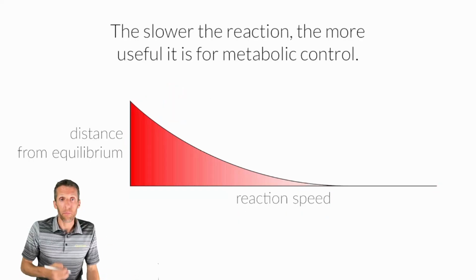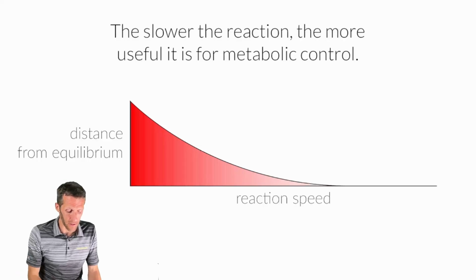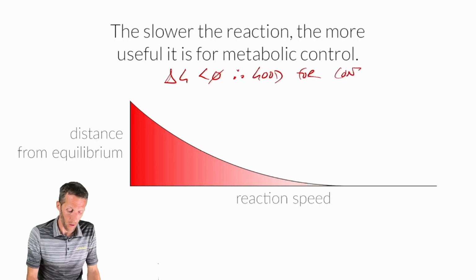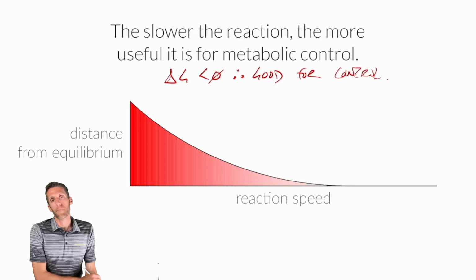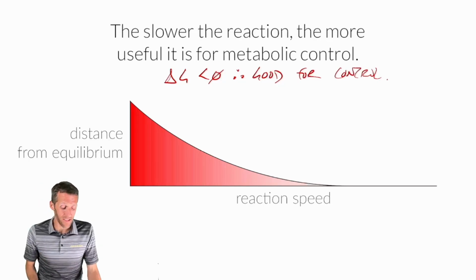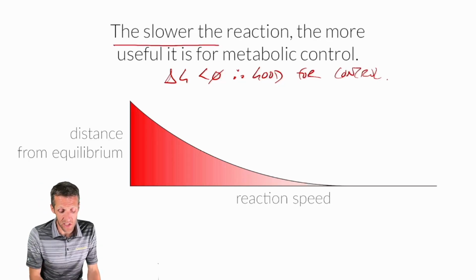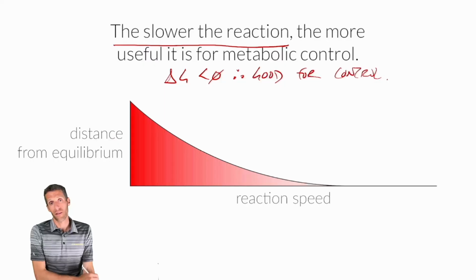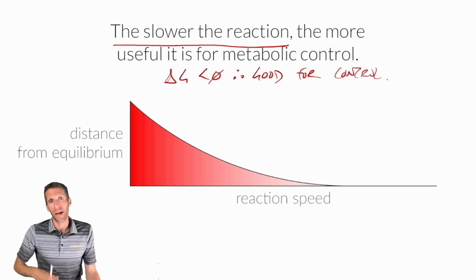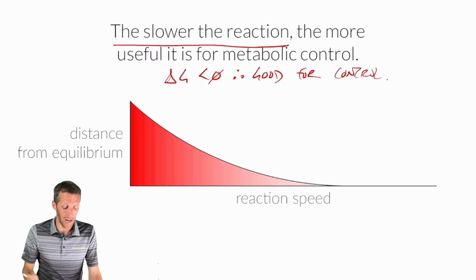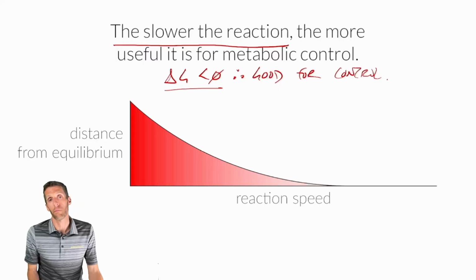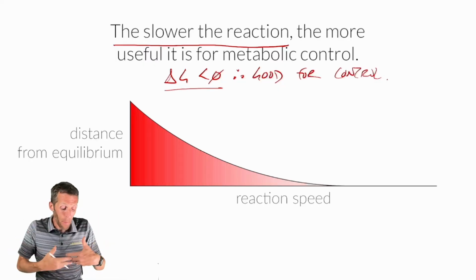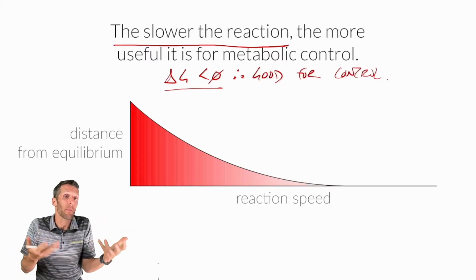They'll say that delta G is less than 0, therefore good for control. And that's true, but I think it's actually more important to say the slower the reaction, the better it is for control. A consequence of the slower reaction is the delta G being less than 0, being out of equilibrium. But the slower the reaction, the better it is for control.